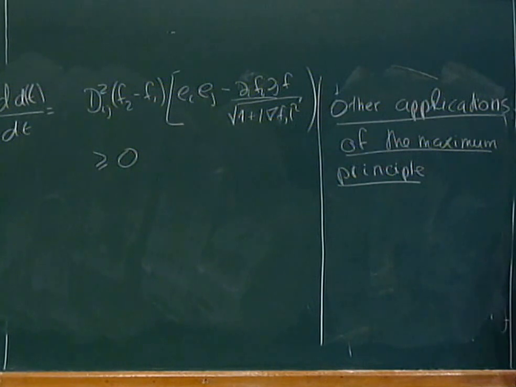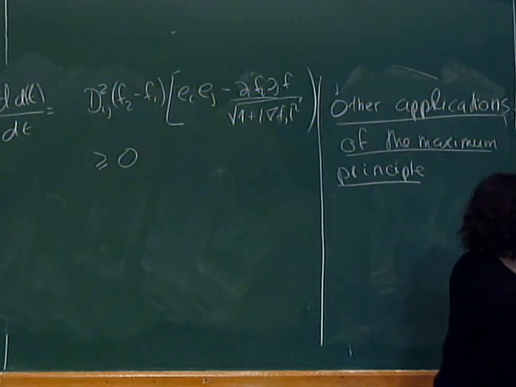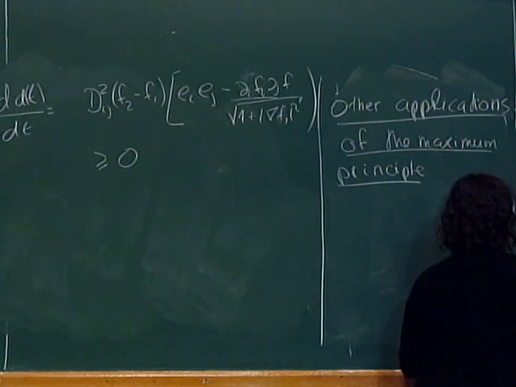In general here, if you have a different extrinsic flow, what you're going to get here is the speed. This is something that depends on the speed, and this is something that you can compute.